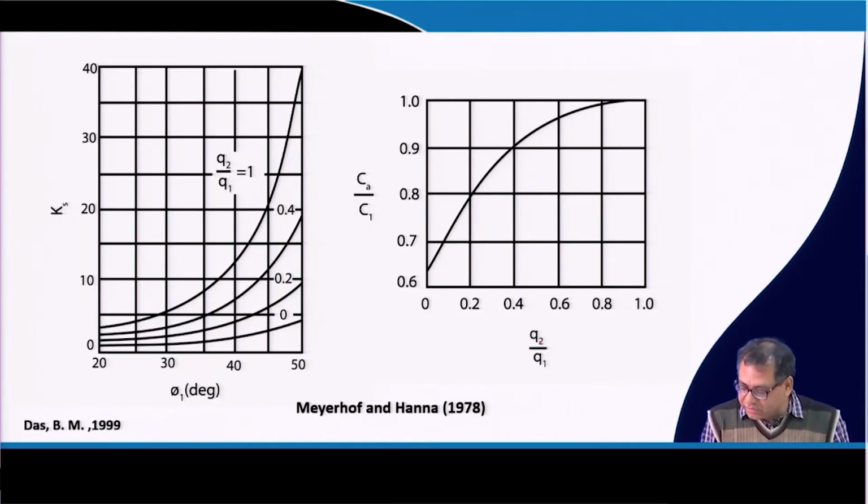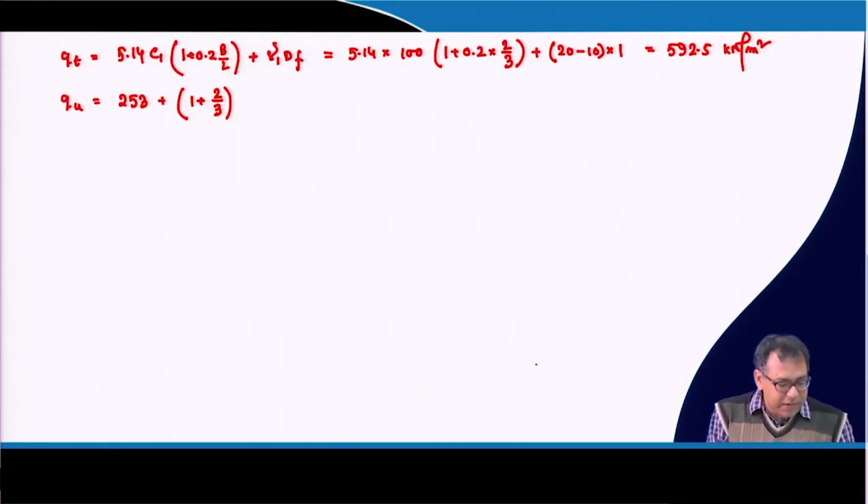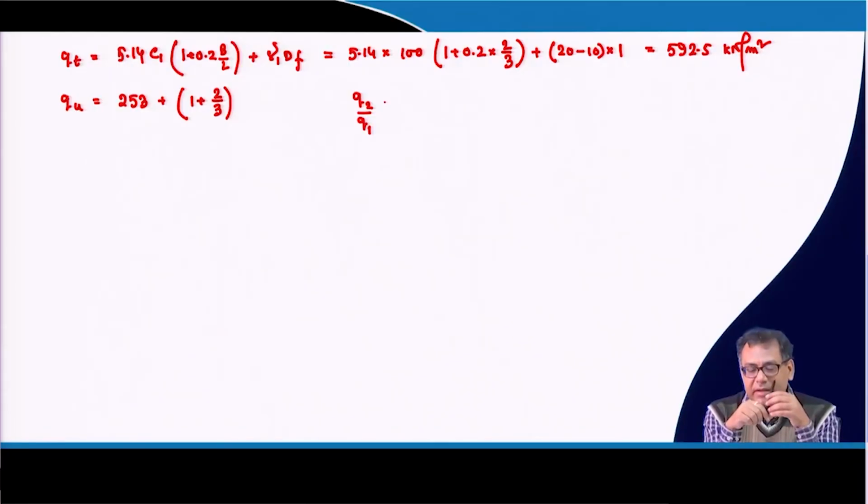For CA calculation, we should know Q2 by Q1. Now, what is Q2 by Q1? Q2 by Q1 is when the foundation is a strip footing resting on a soil at the surface, for individual layers.